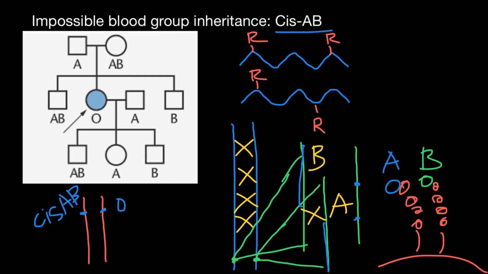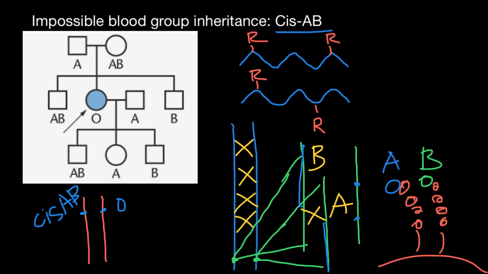So what does it mean? That means that the enzyme wouldn't be produced at all. Now let's return to our pedigree here, and let's take a look at what's happening in this new light of our knowledge.